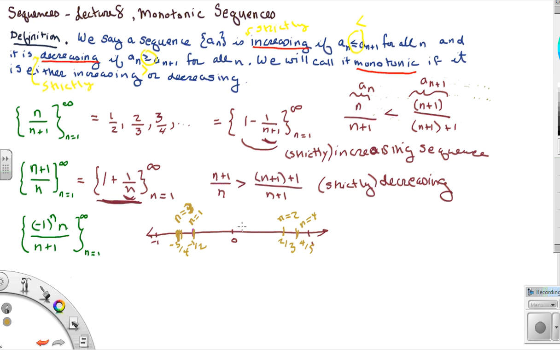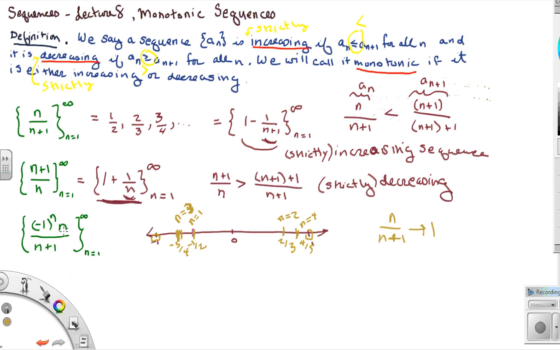I am bouncing back and forth. In fact, we know that n over n plus 1 goes to 1. So what I'm doing by multiplying by negative 1 is that the positive portions are going to positive 1, and the negative portions are going to negative 1. This is just bouncing back and forth.